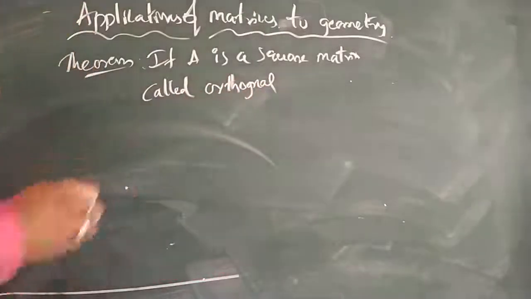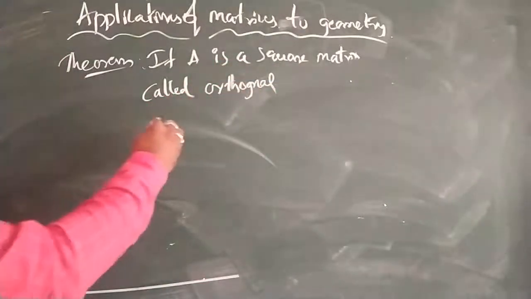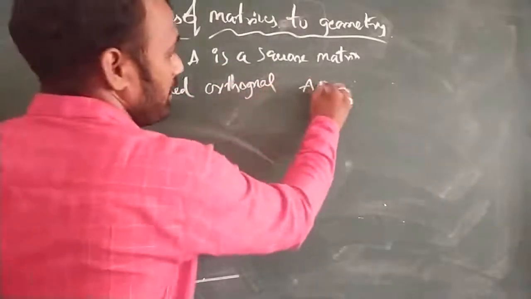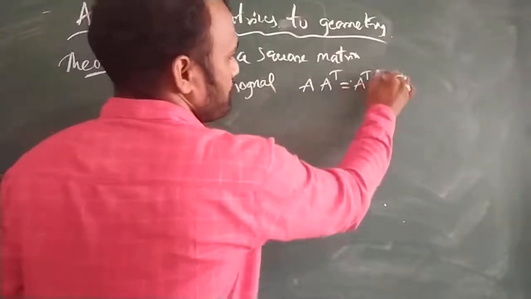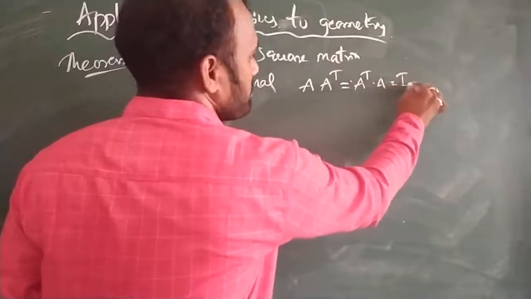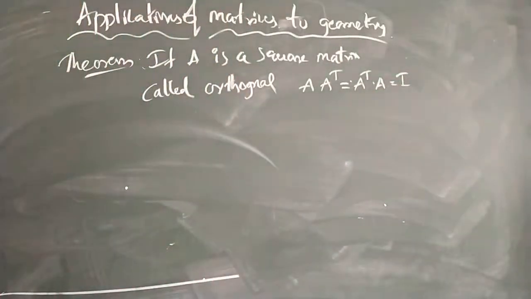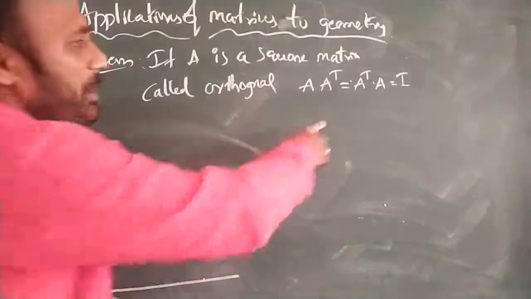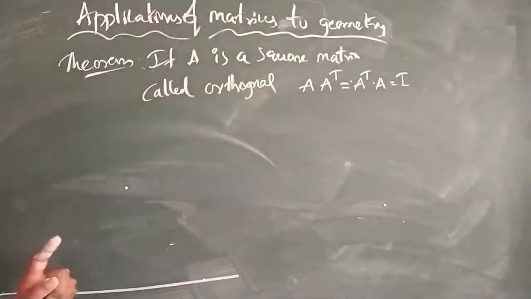If I want to call a square matrix orthogonal, the condition to be satisfied is that A into A transpose and A transpose into A must give the identity, unitary matrix, I. Only ones and zeros, the identity matrix, should be the result. Then I can call that matrix an orthogonal matrix.